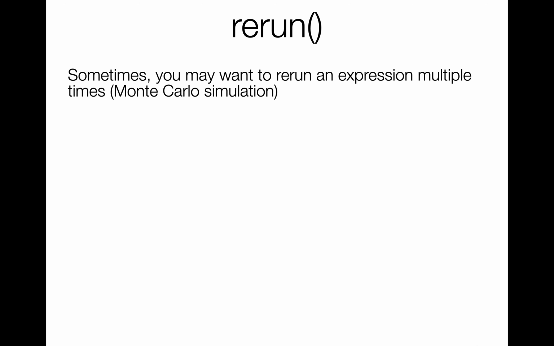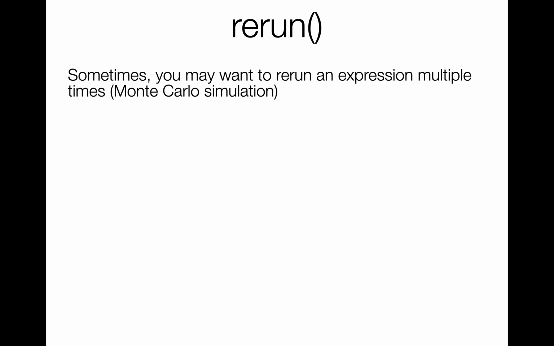The code underneath may be very similar, but it does some different stuff. As a setup, sometimes you may want to rerun an expression multiple times in whatever you're doing. For me, I'm often interested in what's called a Monte Carlo simulation.